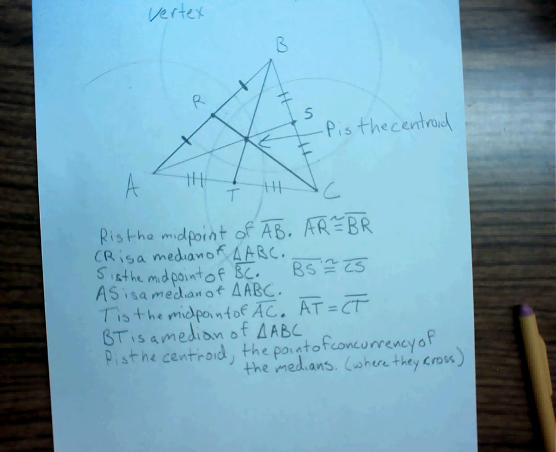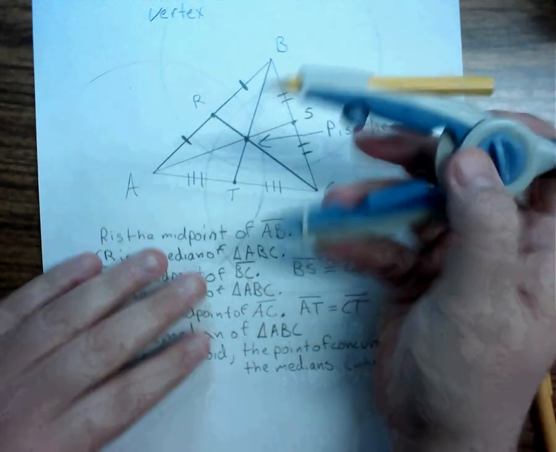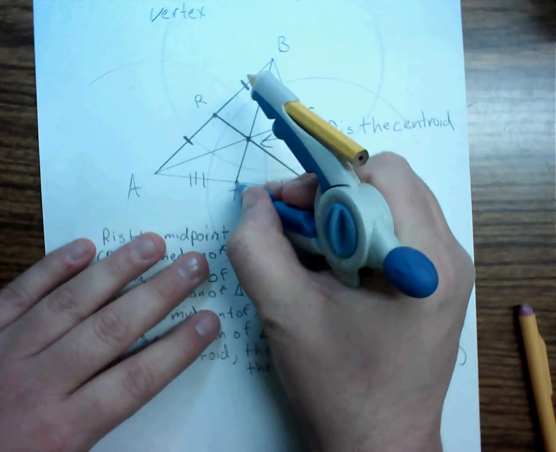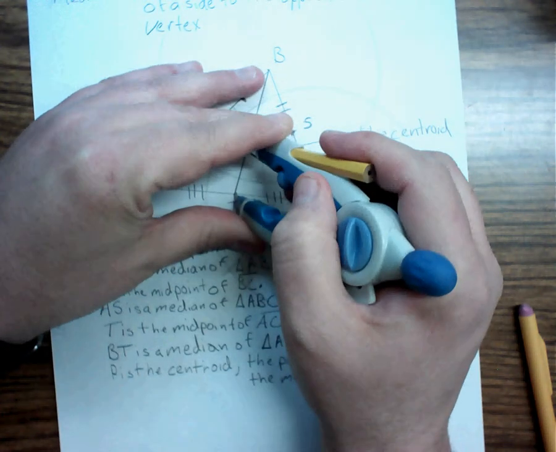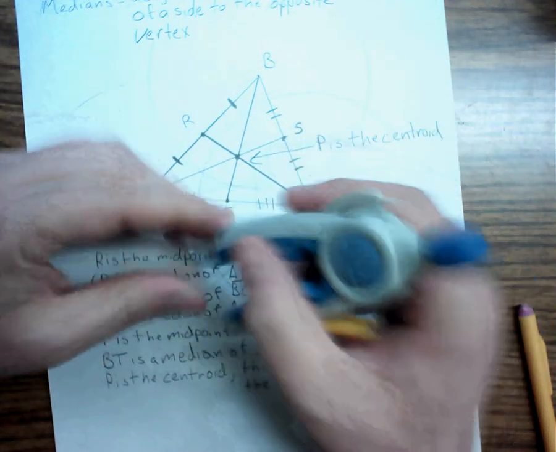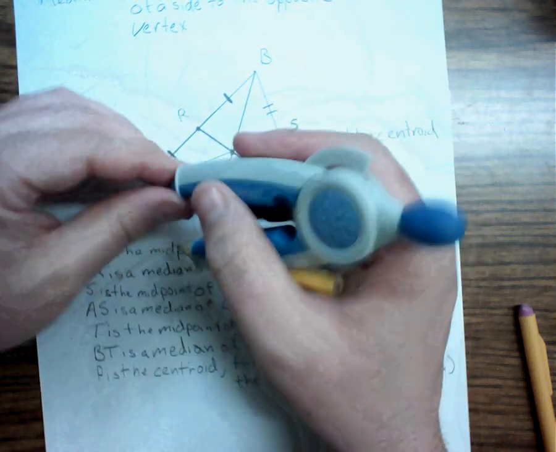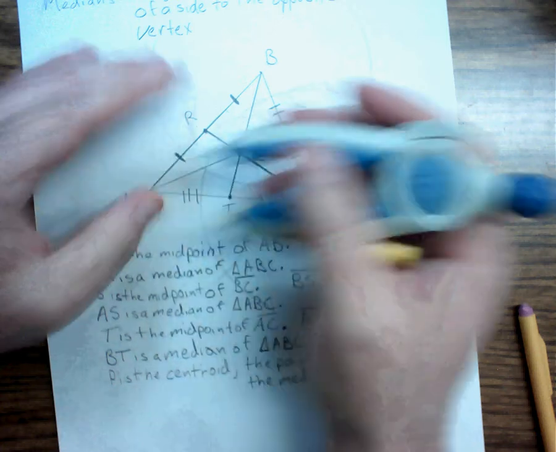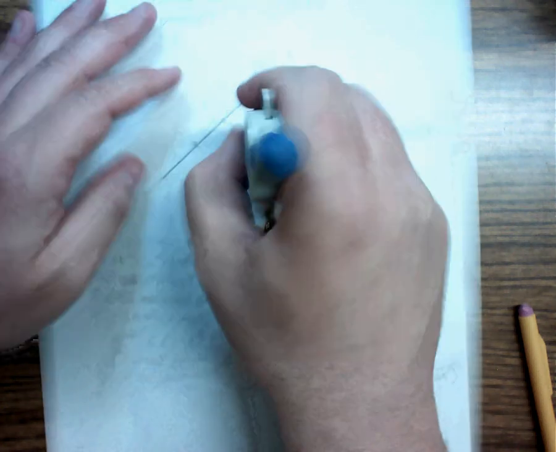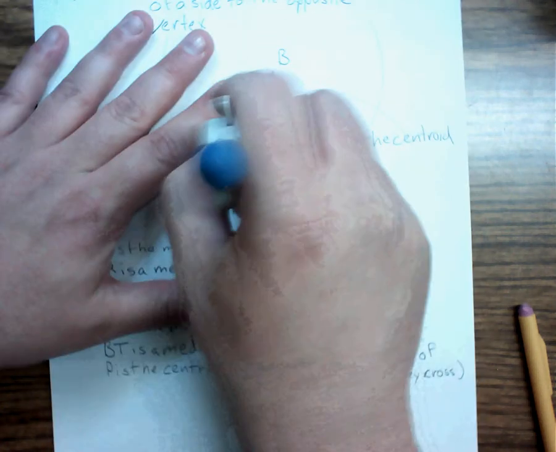Now the property that's interesting about this, I'm not going to tell you. We're going to do this, and then you can come up with the property. Are you ready? Take your compass, put the pointer on point P, dig it in a little bit on the paper.